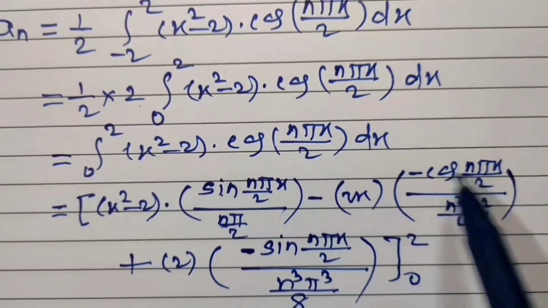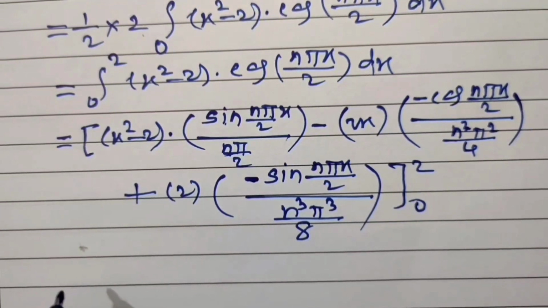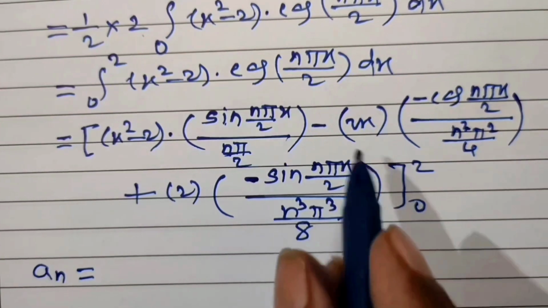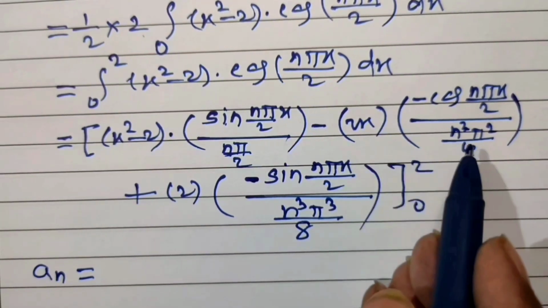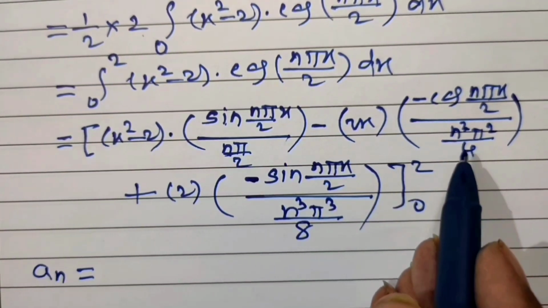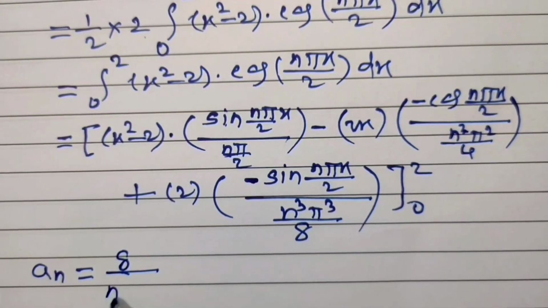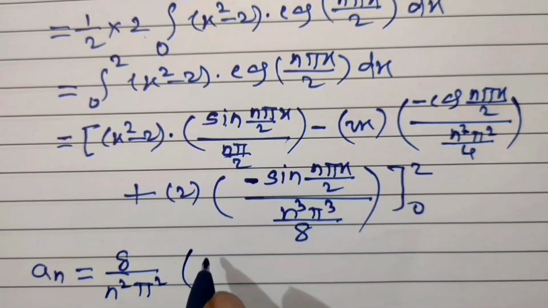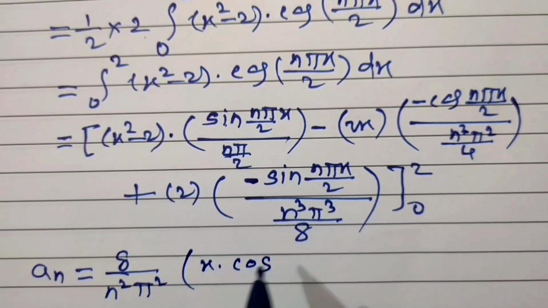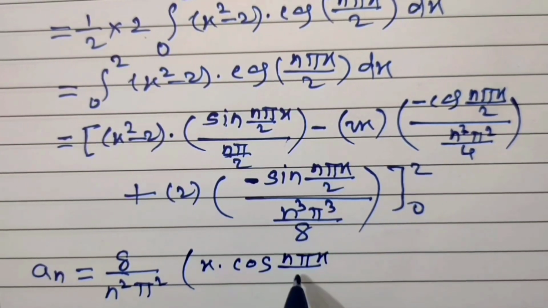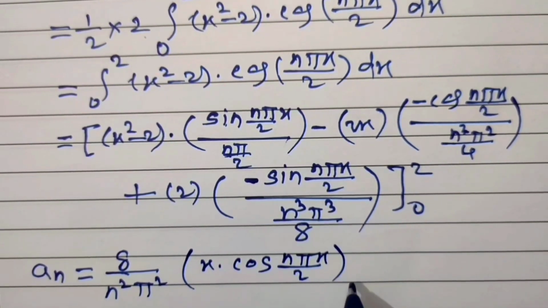Hence, an is equal to minus minus plus 2 upon n square pi square divided by 4, that means 2 into 4, 8 divided by n square pi square into bracket x into cos of n pi x divided by 2 and limits from 0 to 2.